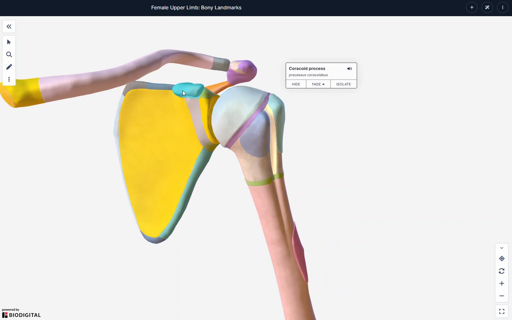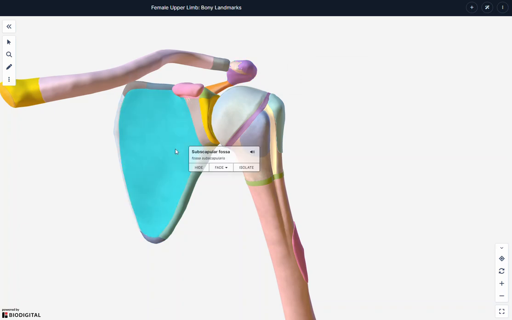The acromion is more posterior. So the coracoid is more anterior, the acromion is more posterior. The subscapular fossa is the anterior side of the scapula that sits against the ribs, against the body.